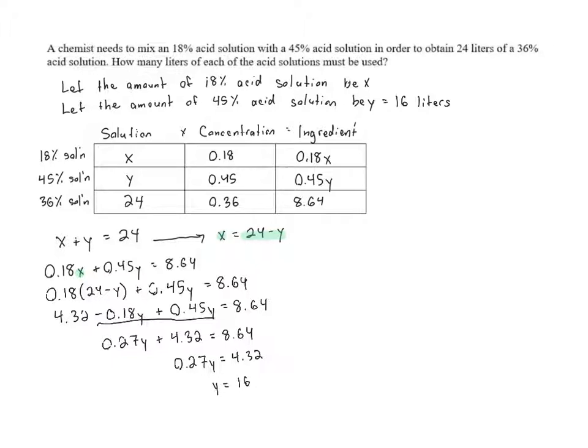There's two ways to figure out the value of x. X represents the amount of the 18% acid solution, the other one. But if we know we need 24 liters in total, and we used 16 liters of the 45% acid solution, 24 minus 16 leaves us only 8 liters for the 18% acid solution.